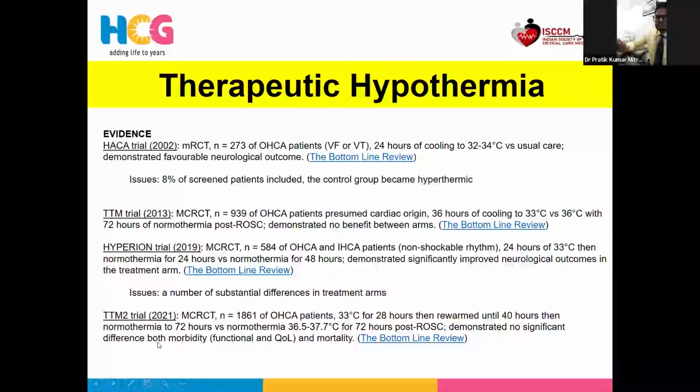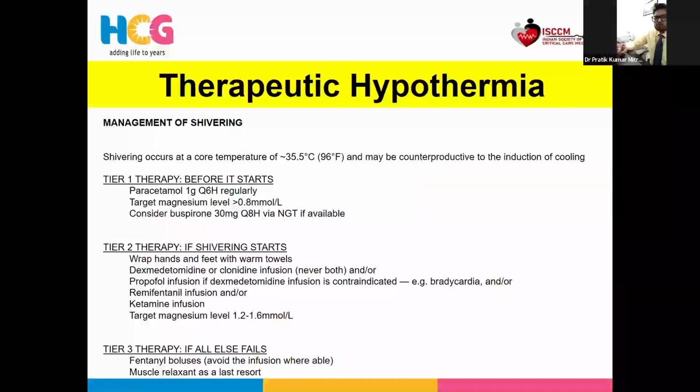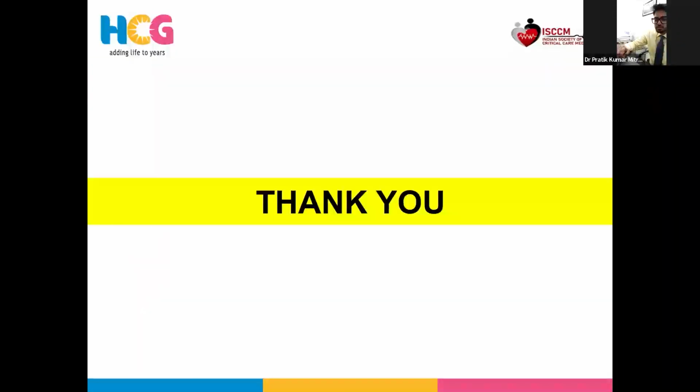So in some trials there is some benefit of targeted temperature management, in some there is no benefit. Along with hypothermia management, we need to manage the shivering through therapy for that. I will not go into the details.